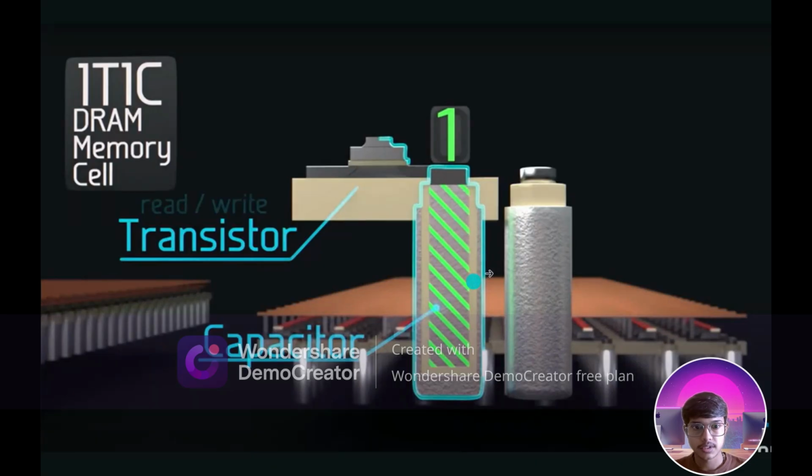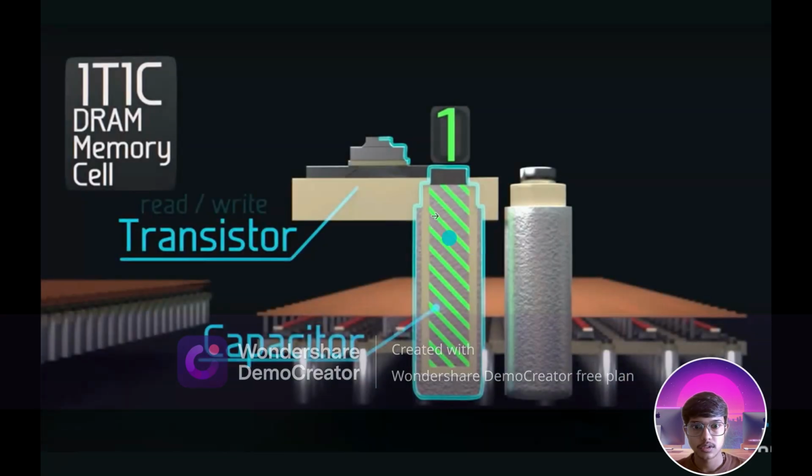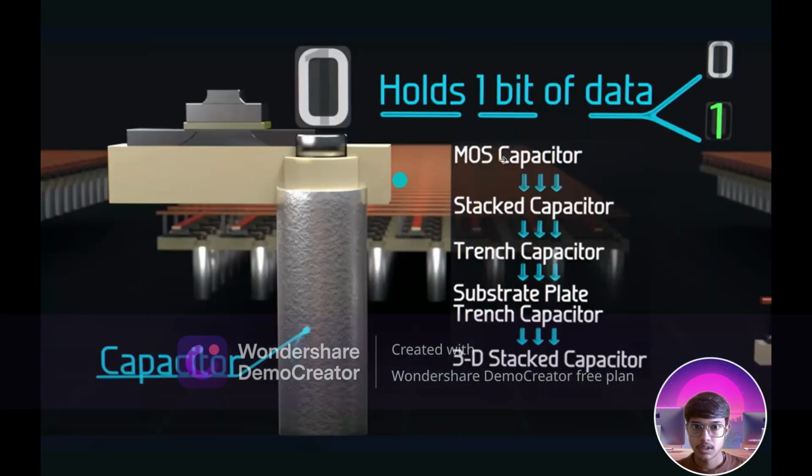See, this is a capacitor. If we cut this image from between, then it will appear like this, in which this is the capacitor and this is the transistor. The capacitor is used to store 1 and 0, and the transistor only reads or writes. The capacitor holds 1 bit only.